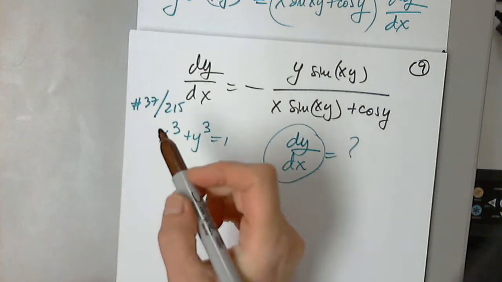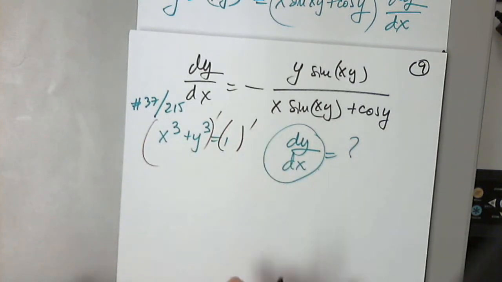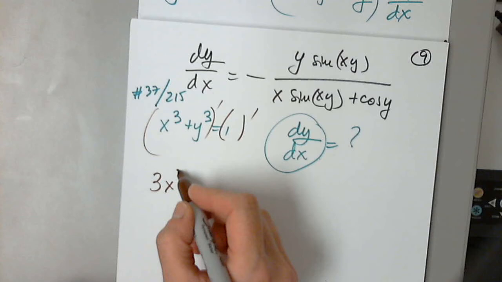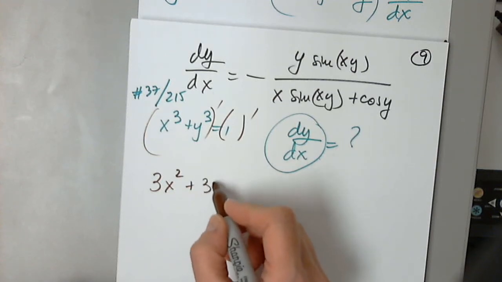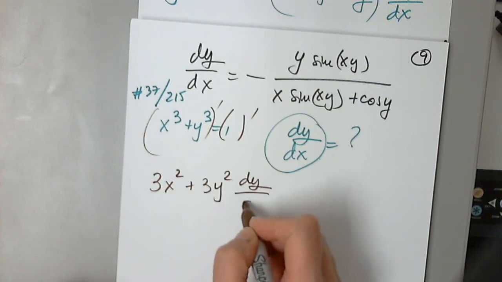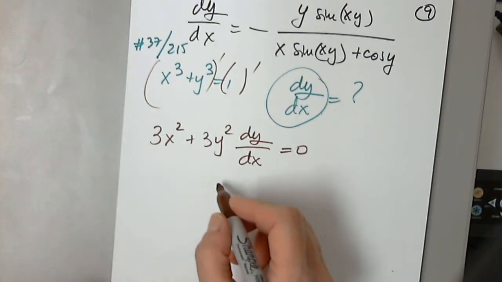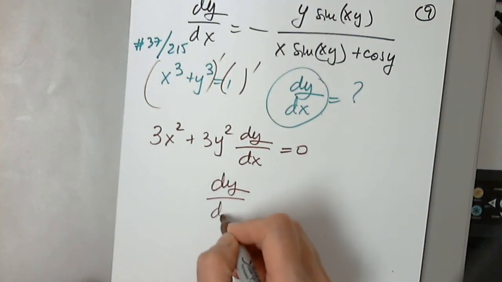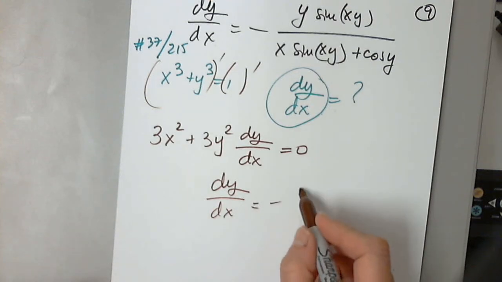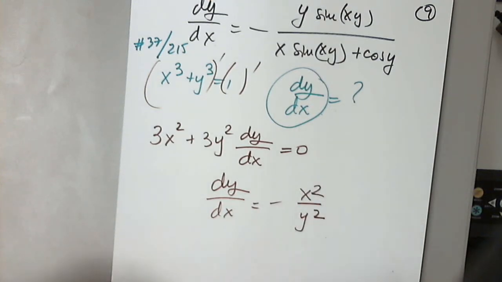So we will differentiate implicitly, and we will get 3x squared plus 3y squared dy over dx equals 0. It doesn't look too bad. So dy over dx is negative x squared over y squared.